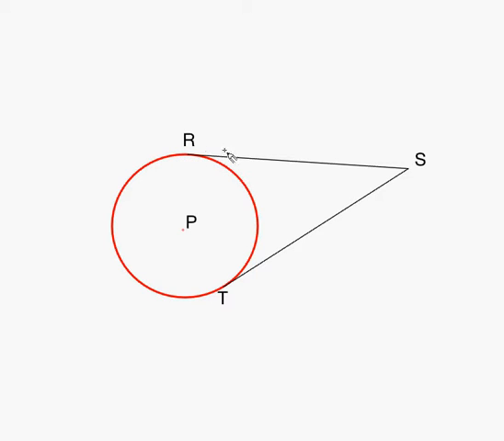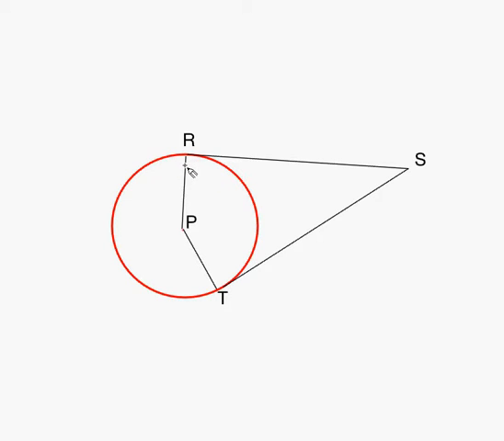Again, I've drawn a line segment SR tangent to circle P and a line segment ST tangent to circle P, and we need to prove that SR is congruent to ST. The first thing we can do, from our previous theorem, is draw a radius from P to R, and a radius from P to T. We will end up with two right angles, because we know from our previous theorems that a radius is always perpendicular to a tangent if the radius is drawn to the point of tangency.